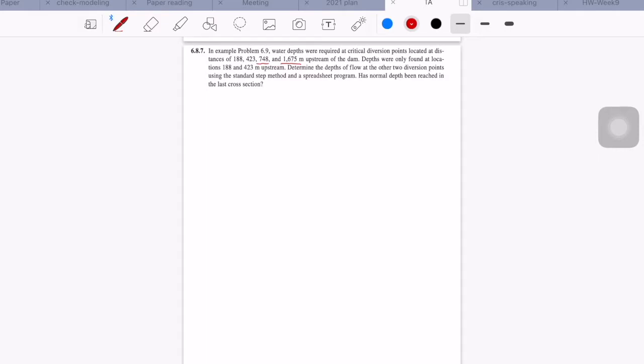Now we know that when delta L equals 748 meters, the water depth Y equals 1.735 meters, and when delta L equals 1,675 meters, the water depth Y equals 1.62 meters.